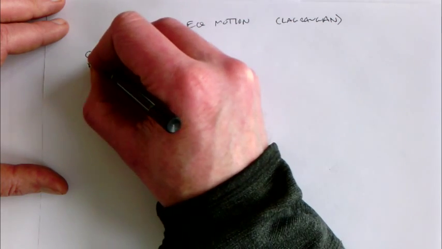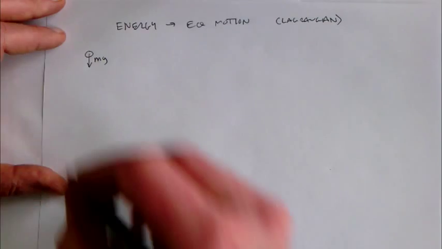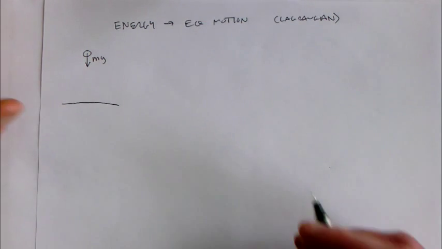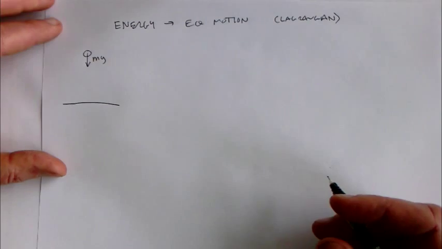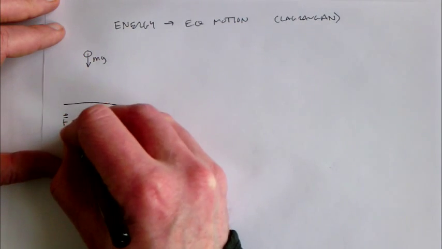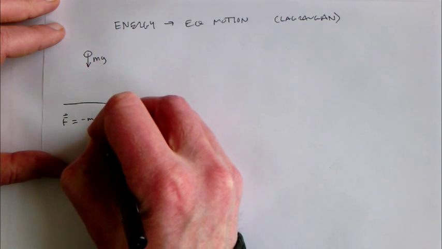Okay, so the simple example I'm going to do is the easiest example I can imagine. I've got a ball that's dropping under the force of gravity, and I'm interested in figuring out what the equations of motion are for this. Now, you know what the equations of motion are for this. Immediately, you could say, okay, the force is minus mg in the j hat direction.